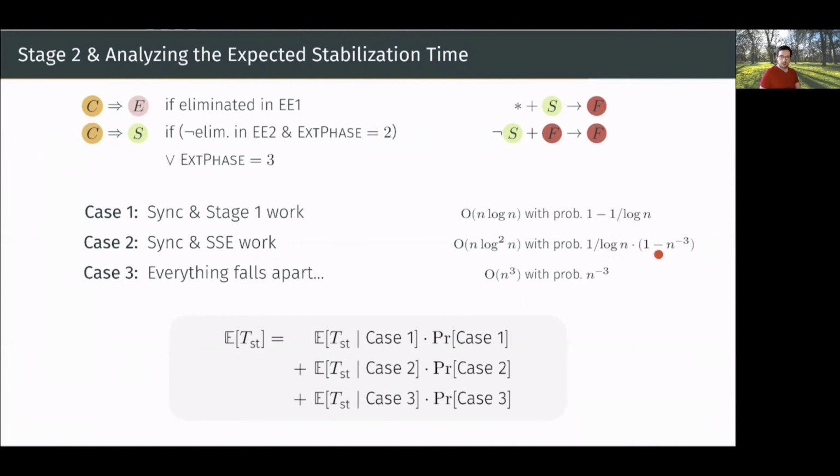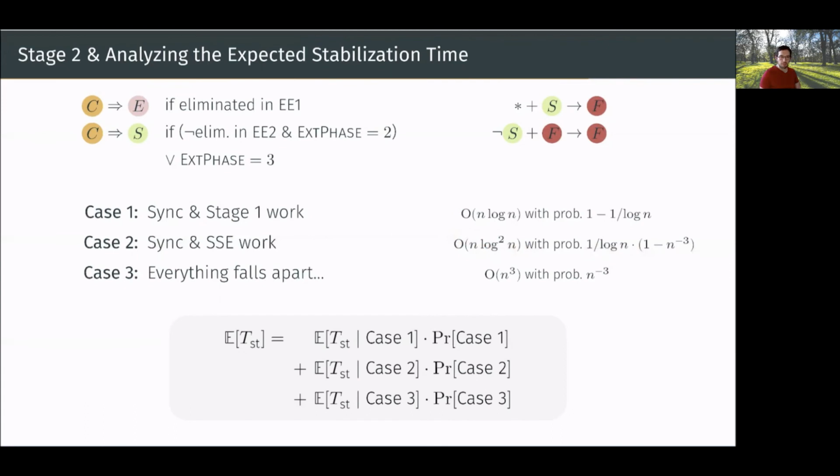And then the probability that the synchronization still works is still quite good. This is actually 1 minus n to the minus 3. So this really holds with high probability. Now, here we get a slightly worse expected stabilization time of n log square n. But since this only happens with probability 1 over log n, we again get a total contribution, which is n log n here.